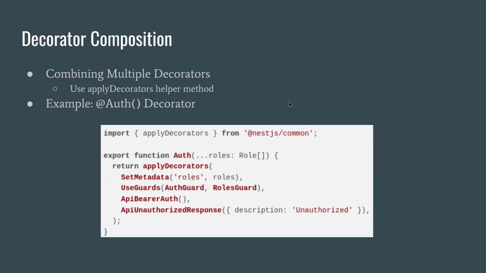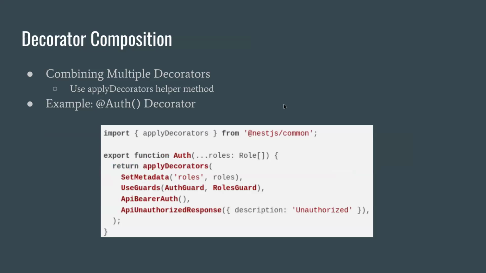Decorator composition. Decorator composition allows you to combine multiple decorators into a single one. This is useful when you have several related decorators that you want to apply together.